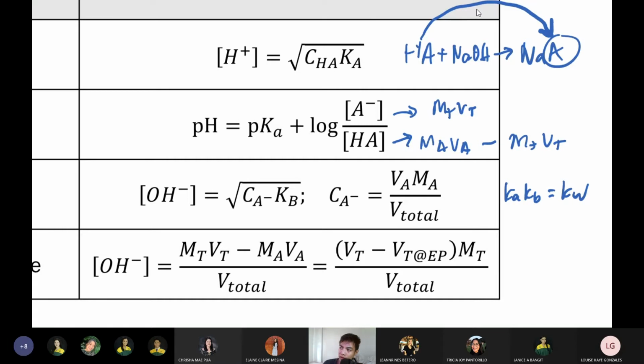Kasi we follow the stoich. According to stoich equation, lahat ng ito napunta doon. Okay? So, yan. Gets na. Bakit naging ganyan? Hopefully, gets na. Pag hindi, tanungin. Okay. So, yun na yung explanation nun.